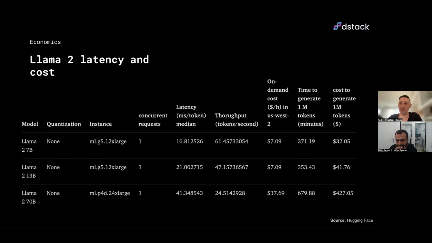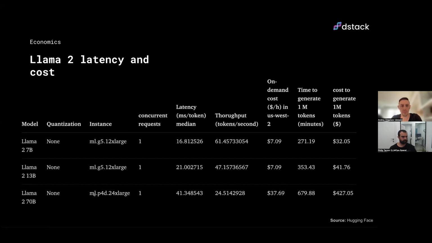Here are some numbers originally shared by Hugging Face and AWS: if you are serving Llama 2, what latency and cost you may expect. Again, we are talking about serving the Llama 2 large one without any optimizations. What is interesting here is the instance type.